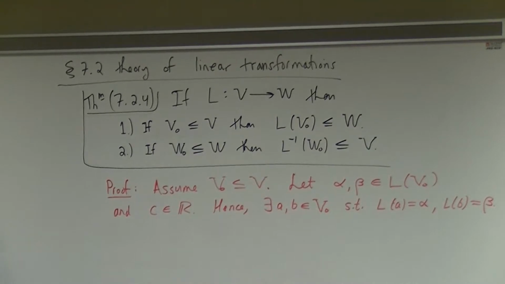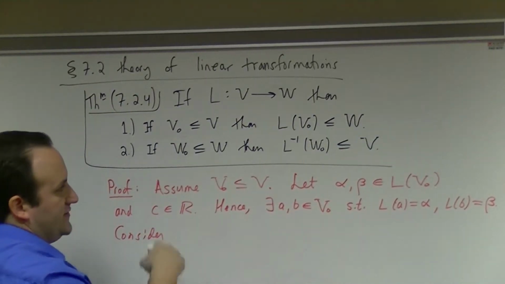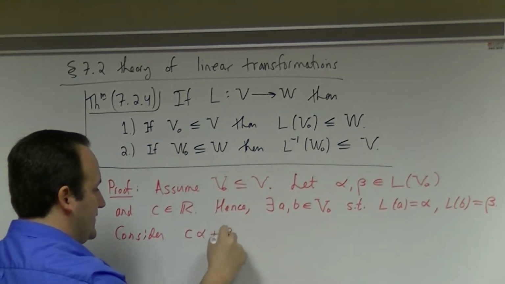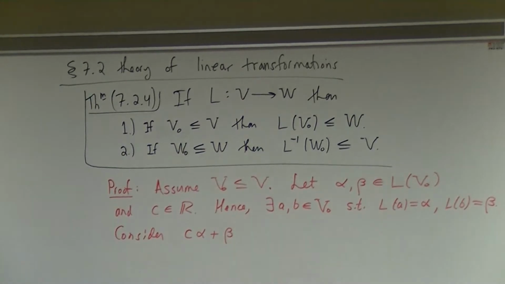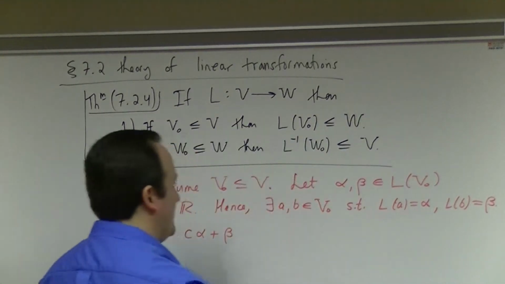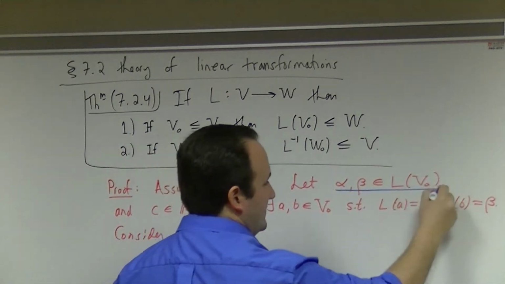So then what am I supposed to do? I'm supposed to consider C times alpha plus beta. What would I like to show? That it's an element of L of V naught. We want to show it's a subspace, right? I started with this assumption back here.